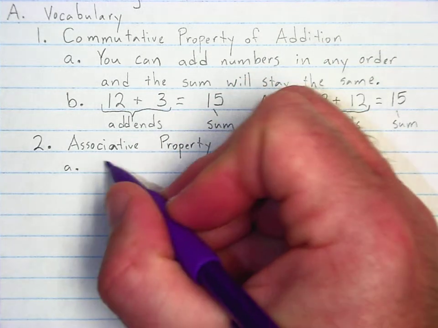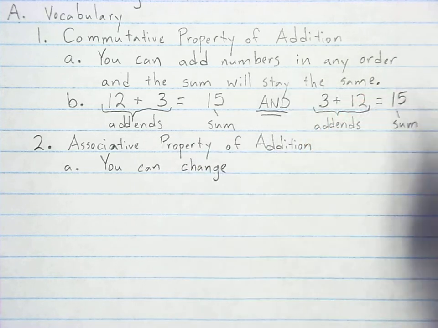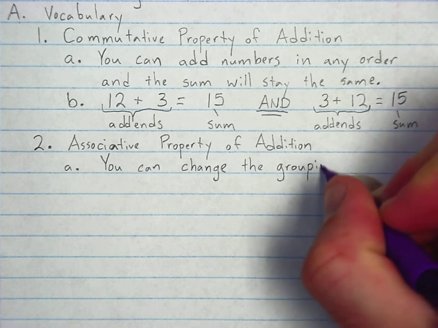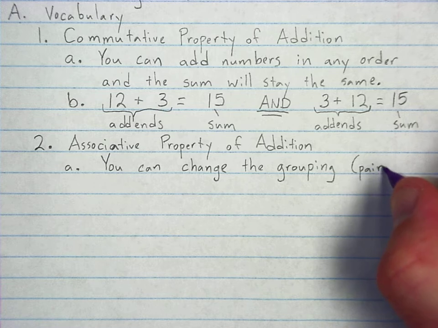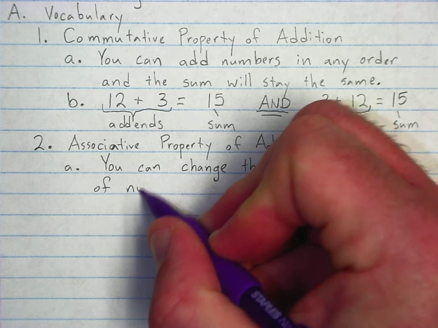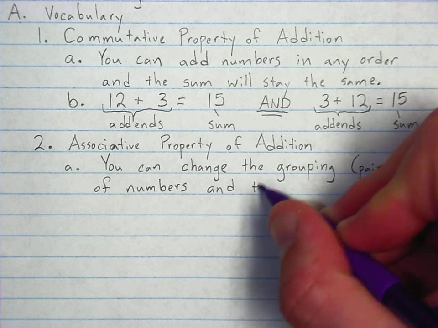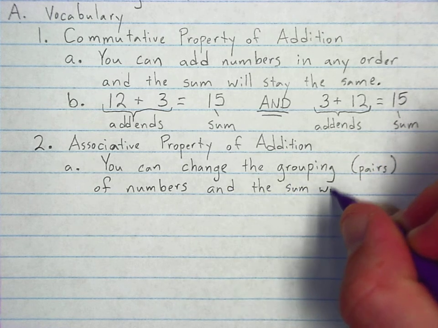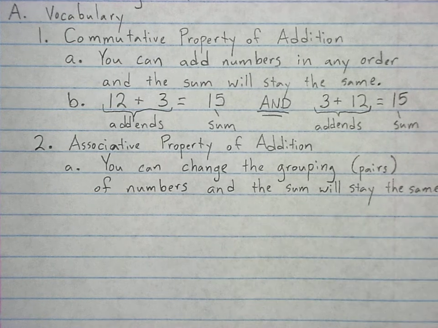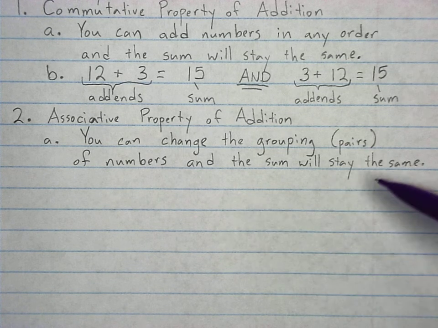The associative property says you can change the grouping, the pairs of numbers, and the sum will stay the same. Kind of going off the page a little bit there. You can change the grouping or pairs of numbers and the sum will stay the same.